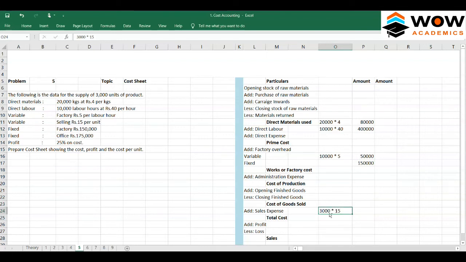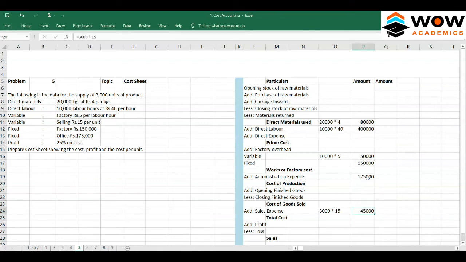So this is going to be the sales expense. Okay, so we have done till here. This is over. Office expense, we can put it as administration expense. So that is going to be 1,75,000, and that's it. We can get the last number.